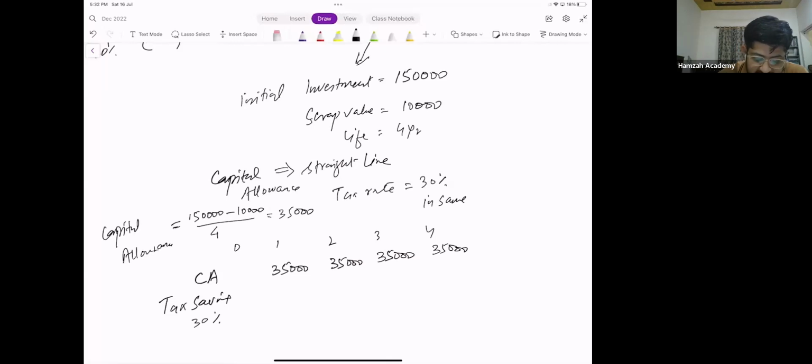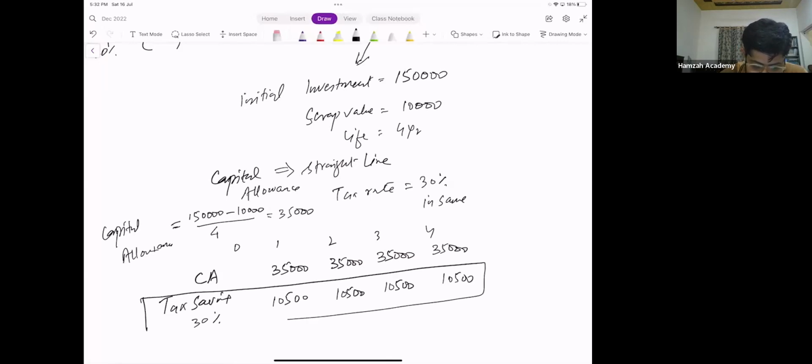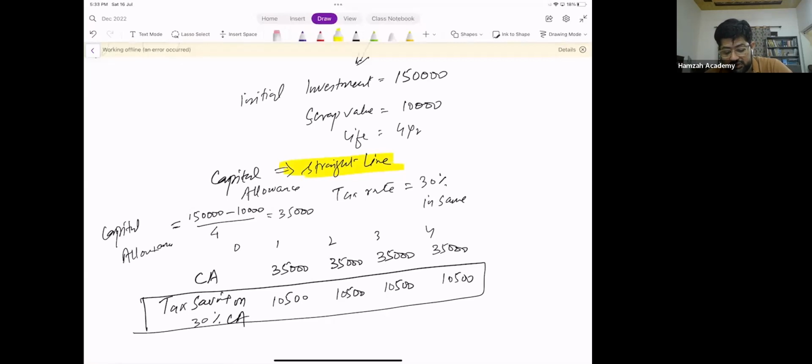So 30% of 35,000 is 10,500. This is the tax saving on capital allowance. If the method is straight line, this is it. If the method is reducing balance method, it will be a bit different. Note it down, please. If there is any question, ask me.